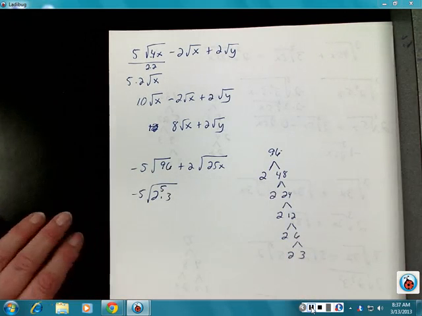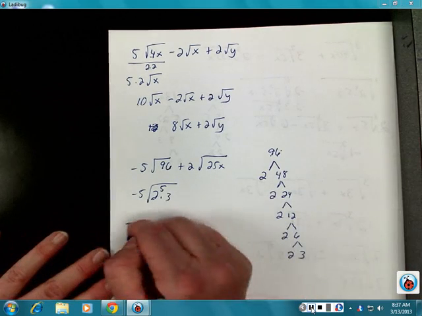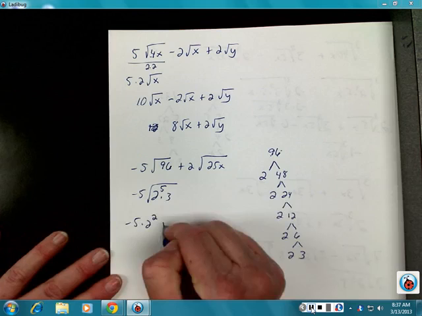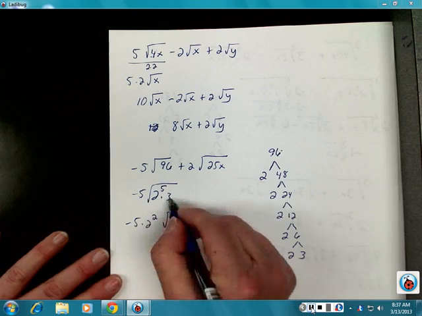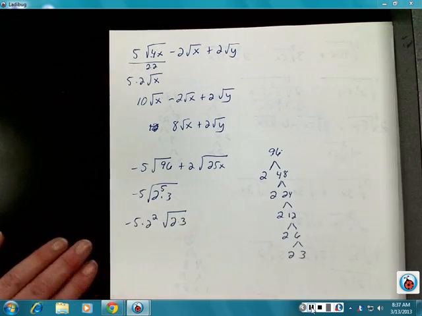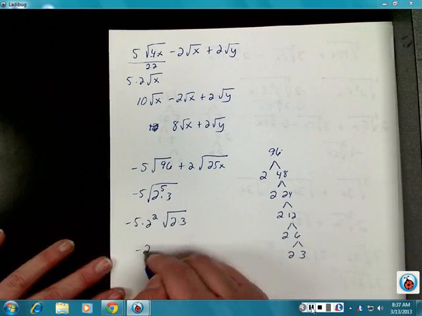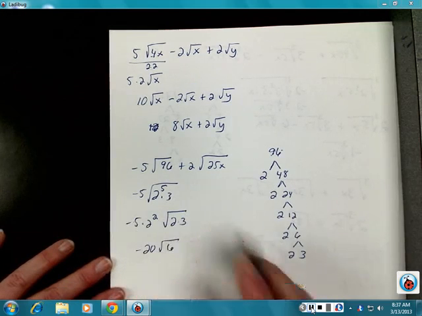So what can I pull out of there? A 2 squared, right? Negative 5 times 2 squared. It's going to leave a 2 under here and a 3, right? So I really have 4 times a negative 5, which is a negative 20, the square root of 6.